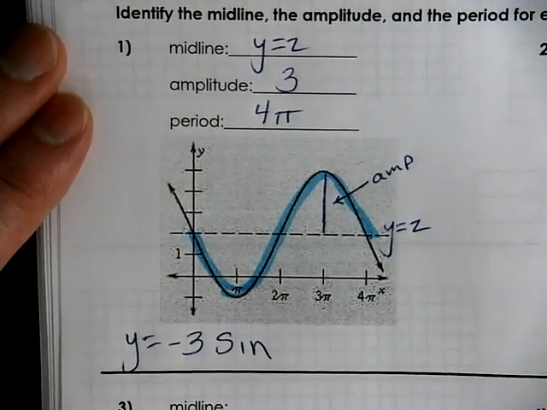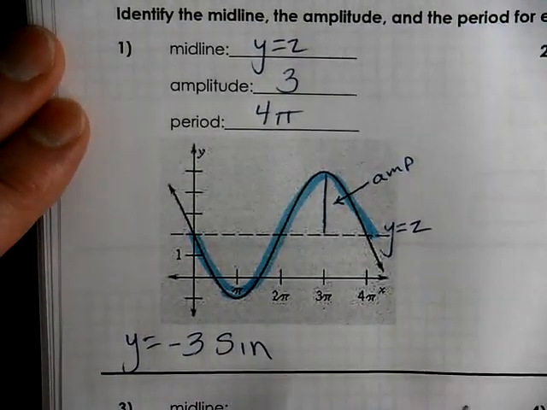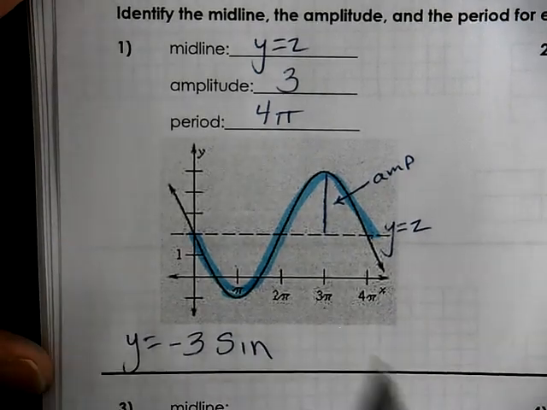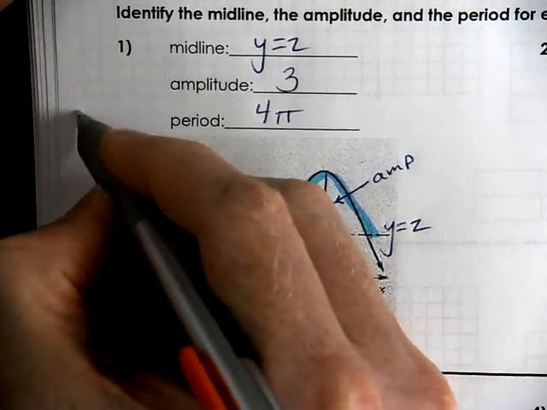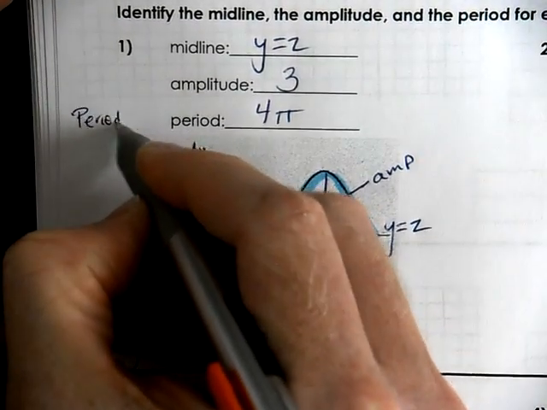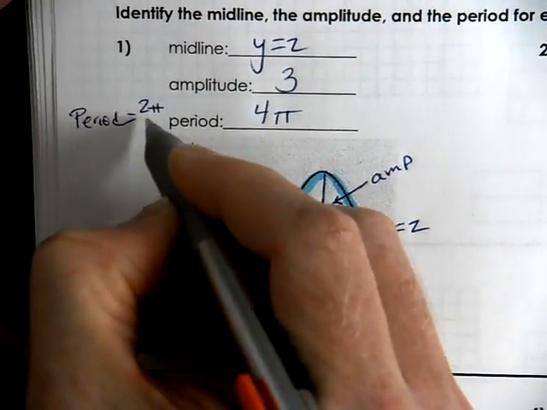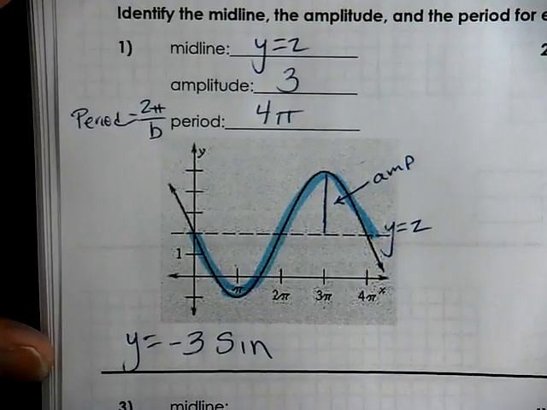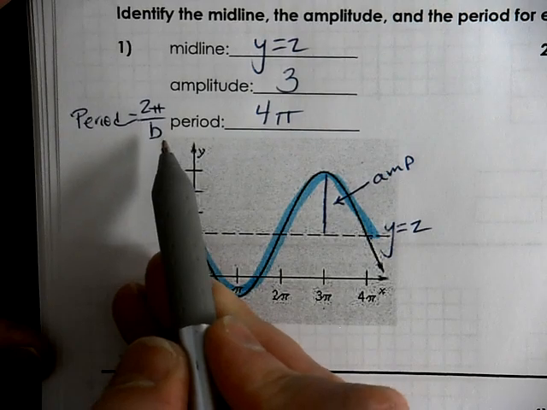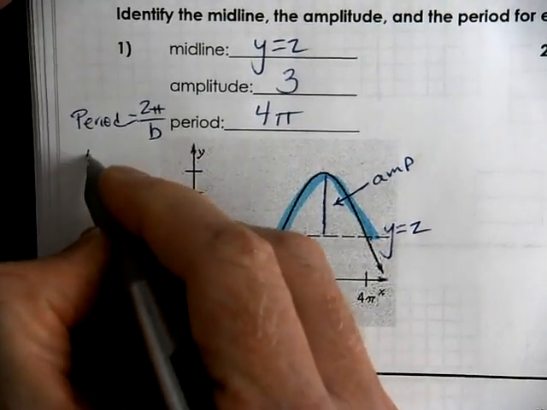Now we got to think about the b value. Well, it might be kind of obvious, but let's do a little calculation. Period equals 2 pi divided by b. What I don't know is my b value. So my period, we said it was 4 pi.